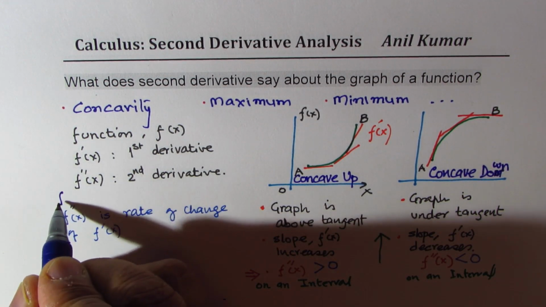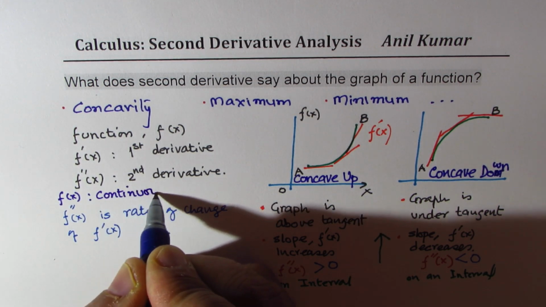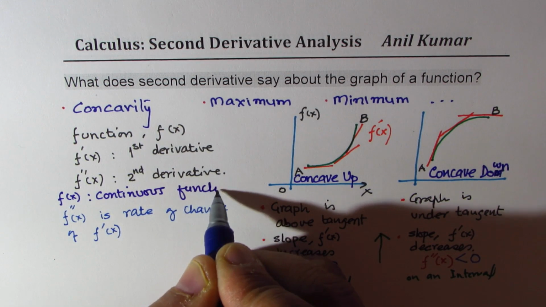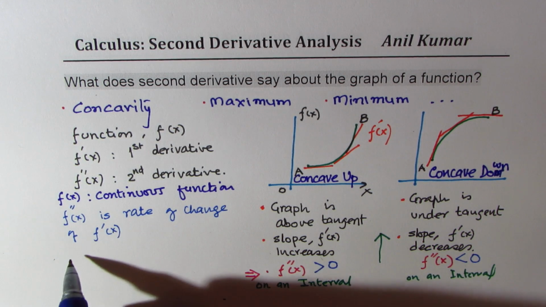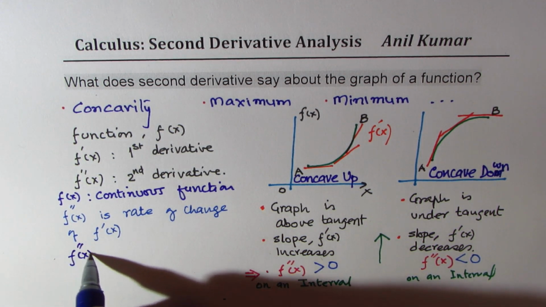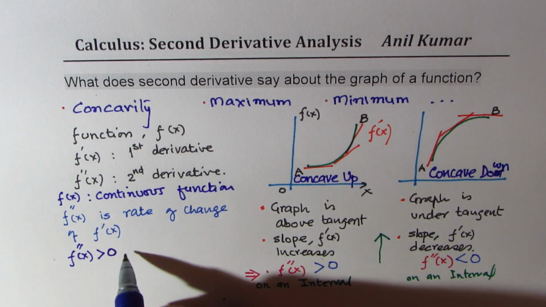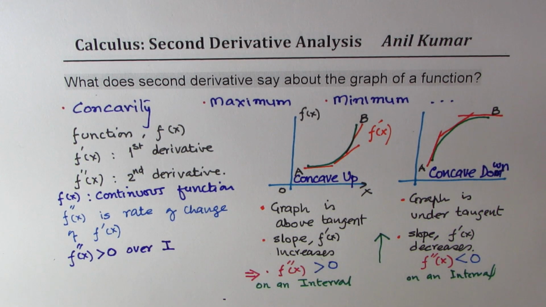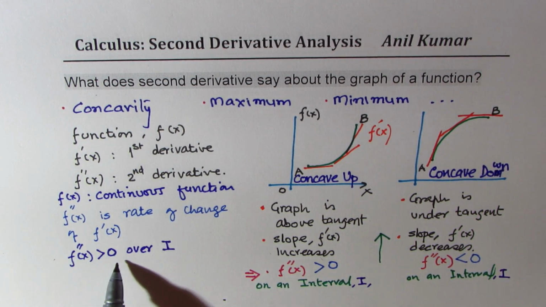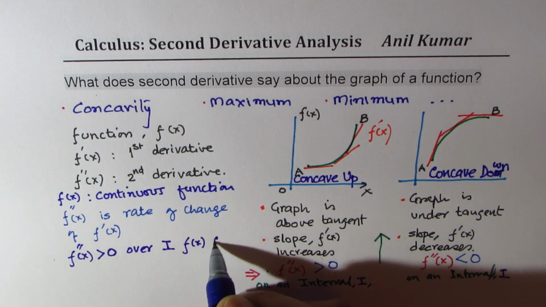We are considering f of x a continuous function. So we can from here say that if the second derivative is greater than 0 over the interval I, f of x is concave up.